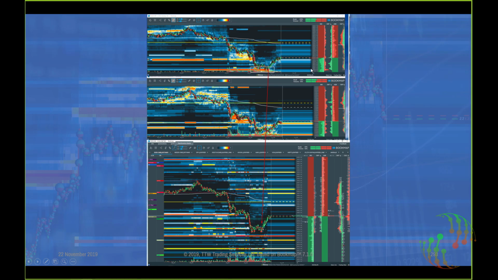The second and last one I would like to discuss with the sweeps is when you see the same behavior in NQ, in YM, and in ES.